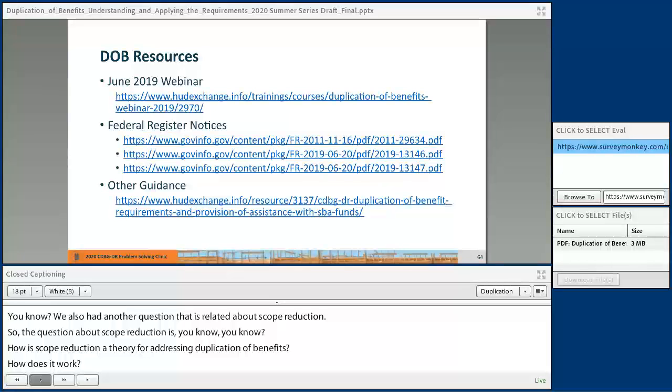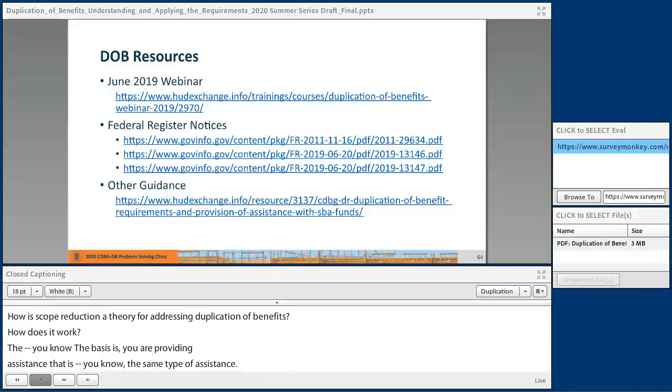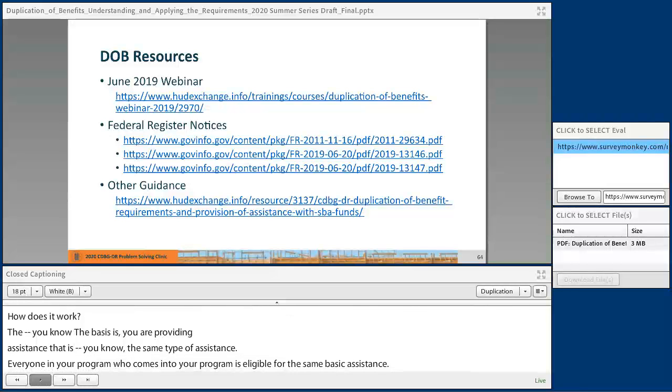And for your program, that might mean Corian counters and side-by-side fridge and air conditioning and elevation, just the basics, right? And that's the amount of assistance that you would have provided.